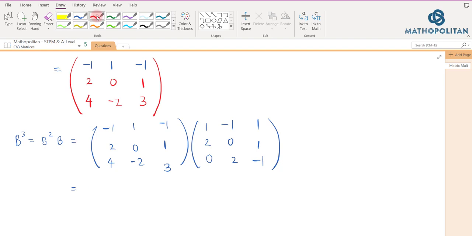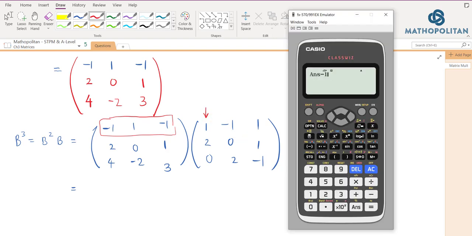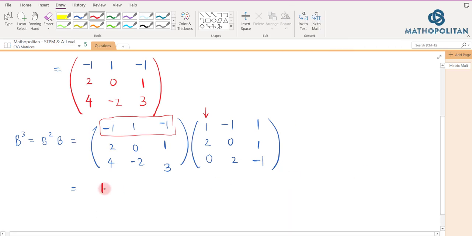So we start off with the first row. We have negative 1, 1, and negative 1 here, and we multiply that to the first column. So negative 1 times 1 plus 1 times 2 plus negative 1 times 0. We have 1. Then we move on to the next column.